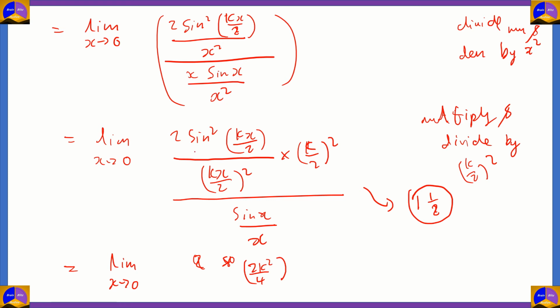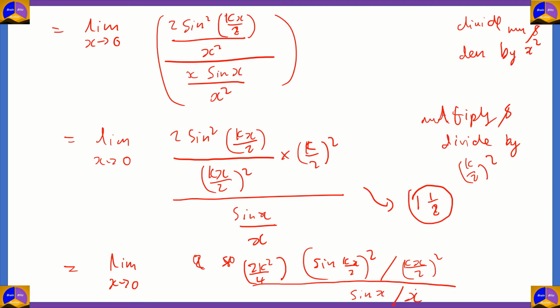So k squared by 2 multiplies with 2, so that happens. And then we have sine kx by 2 the whole square divided by kx by 2 the whole square. And then in the denominator we have sine x divided by x.